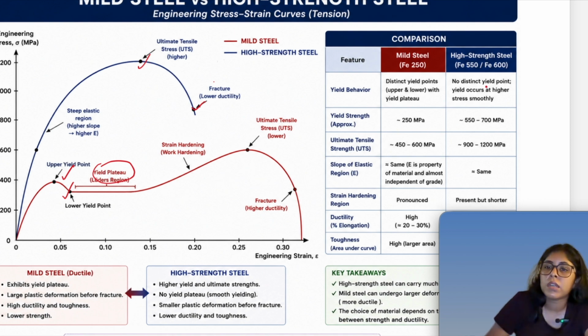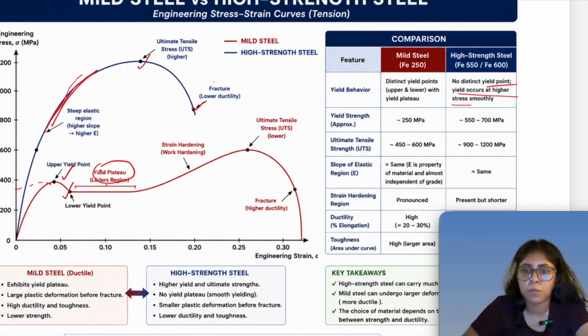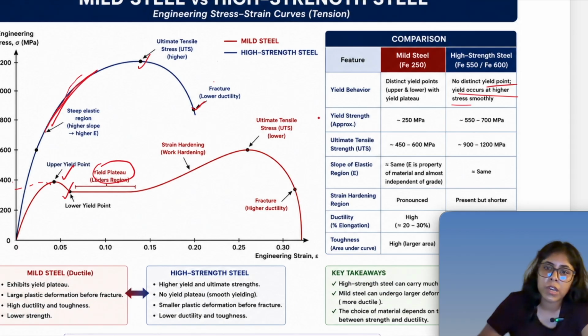So there is no distinct yield point, and yield occurs at a higher strength. Here the yield occurred at a lower value, but here it definitely occurs at more than that. The yield strength for mild steel came approximately to 250, and for high strength steel in the range of 500 to 700.